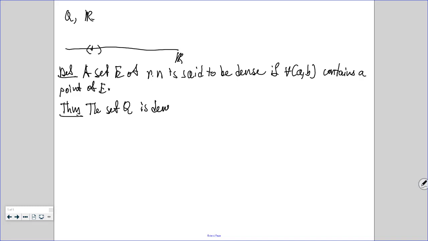This is a theorem, but the proof is not so difficult. It heavily relies on the Archimedean property, but we don't prove it.